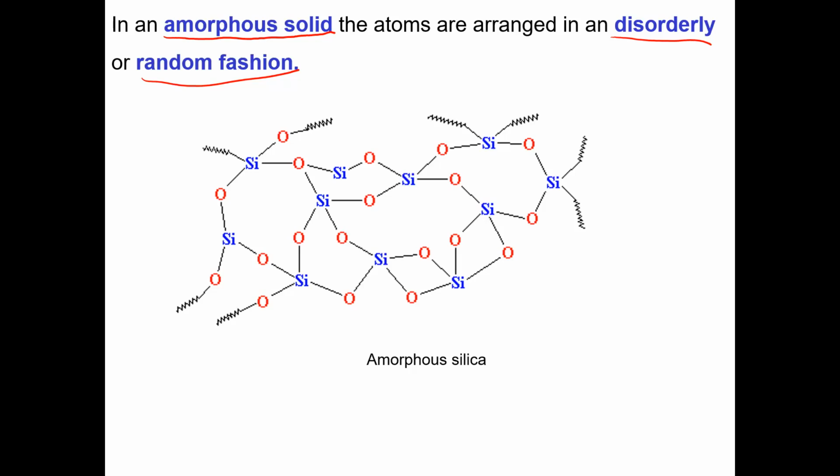Window glass is predominantly amorphous silica, which has the same formula, the same ratio of atoms as crystalline quartz, but there's a random or at least semi-random arrangement of the atoms rather than a regularly repeating pattern. So in this structure, you'll see that things are disordered. They're not in a regular repeating pattern.